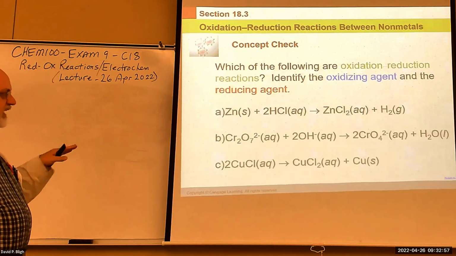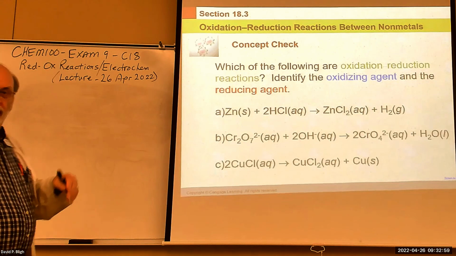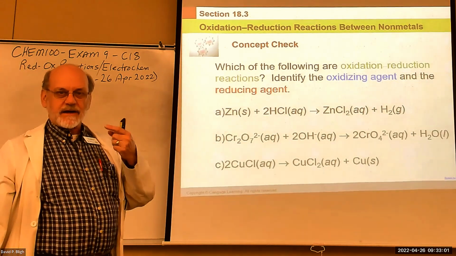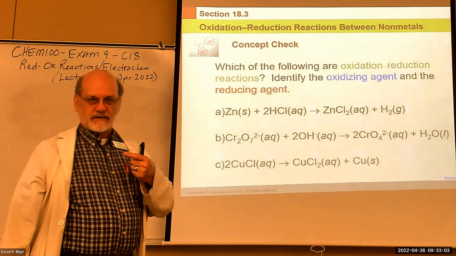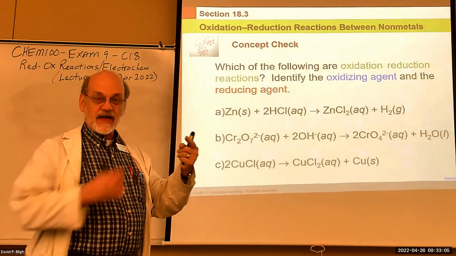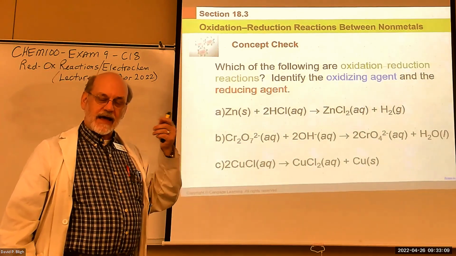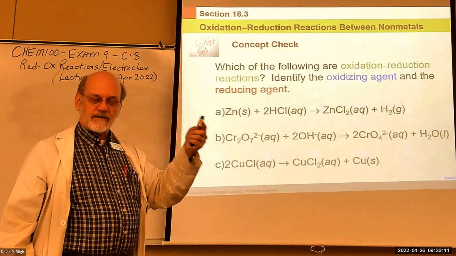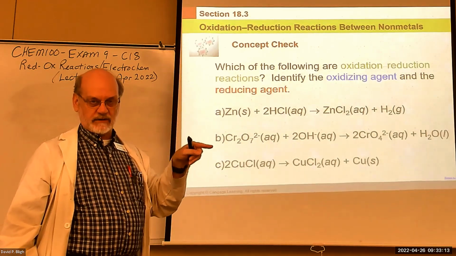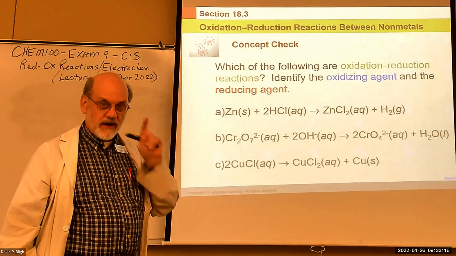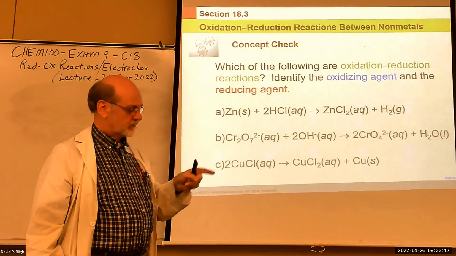So here we have these three. The rule of thumb: if you have an element on one side of the arrow, either a reactant or a product, and on the other side of the arrow, that element is in a compound, then you have a redox every time.